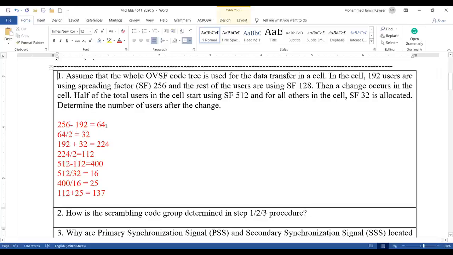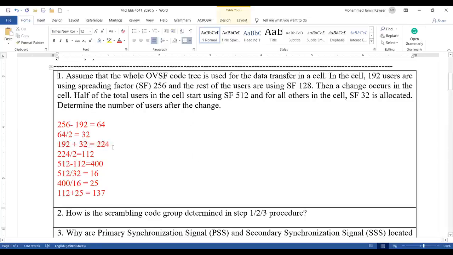So at this level, 64 nodes are available, but the actual spreading factor is 128. So half of them will actually be users. The number of users will be 32. Okay. So the total number of users is then 224.